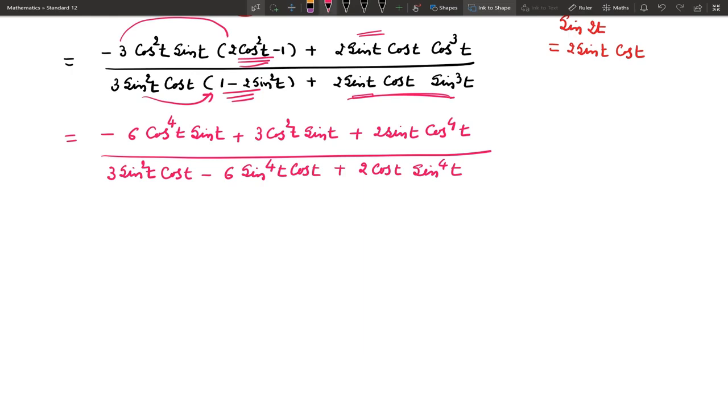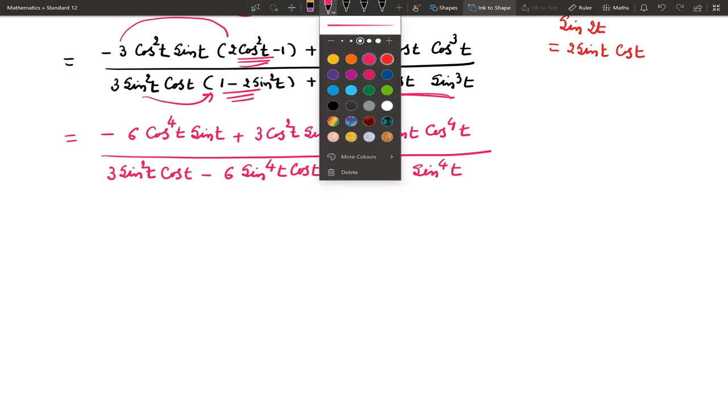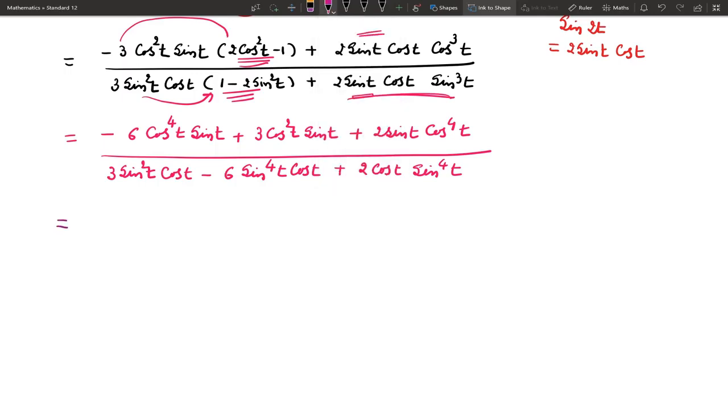Now this one as it is, 3 cos square t into sin t. Here minus 6 plus 2, minus 6 cos raised to 4 t sin t plus 2, so it will be minus 4 cos raised to 4 t into sin t.